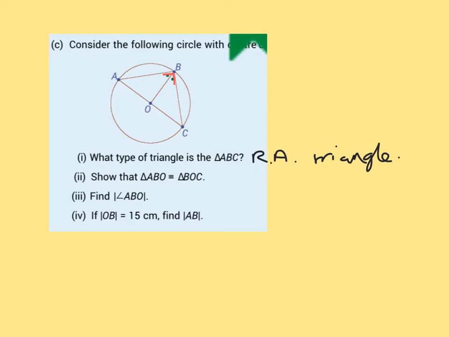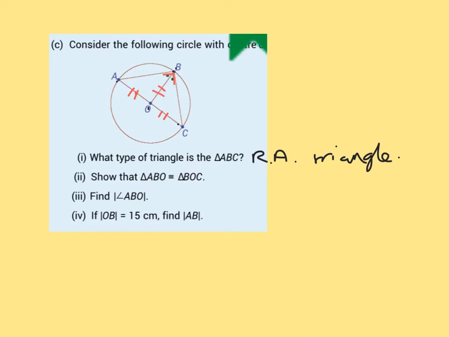Show that triangle ABO is equal to triangle BOC. First of all, what we can show here is, let's look again for my radii. So I have a radius here, a radius here, and a radius here.